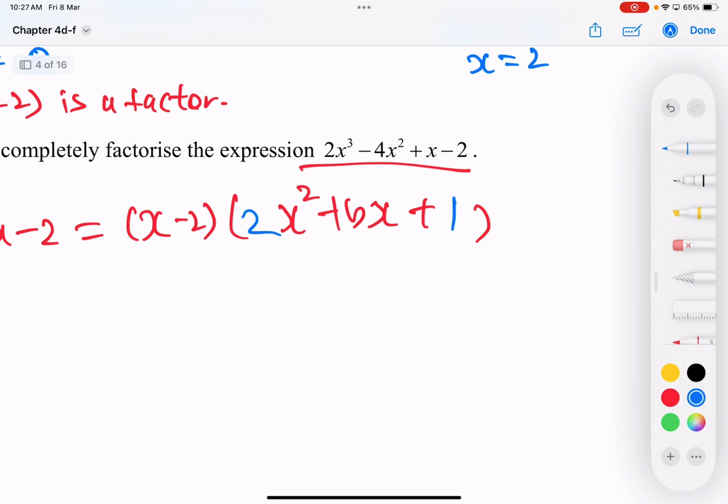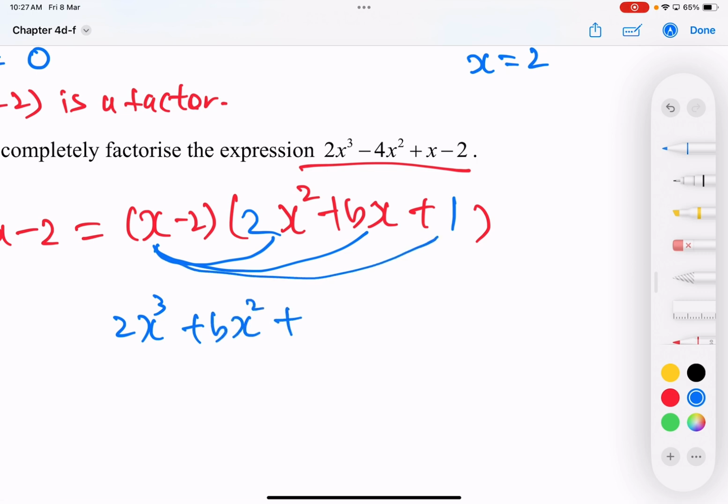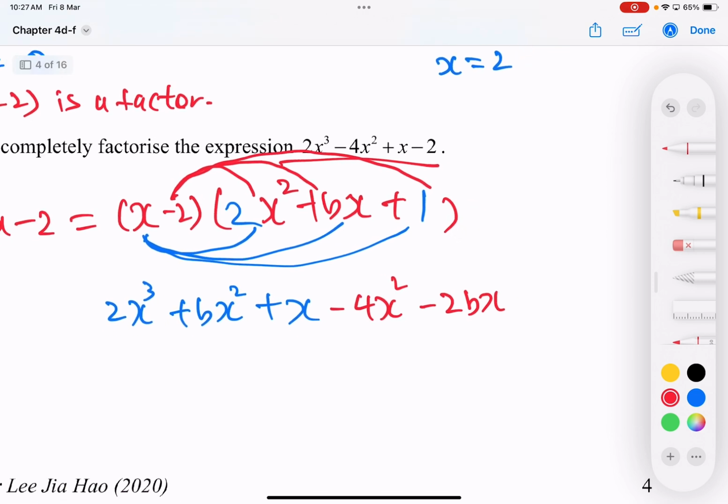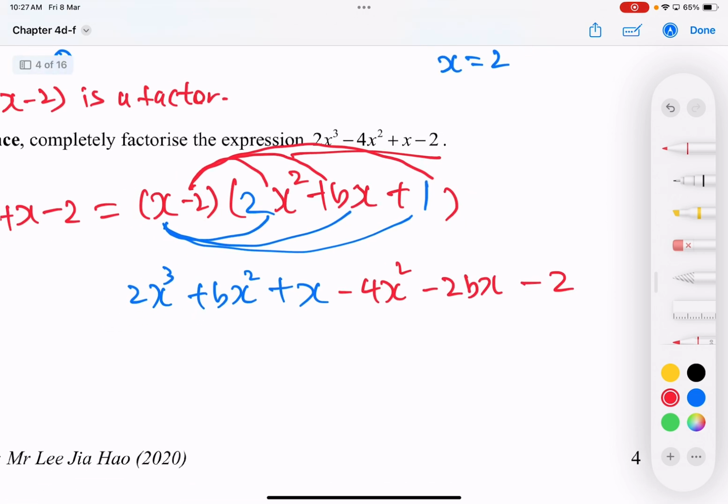If I expand things out, I get 2x cubed, plus bx squared, plus x. Negative 2 times 2x is negative 4x squared. Negative 2 times b gives negative 2bx. And negative 2 times 1 gives negative 2.